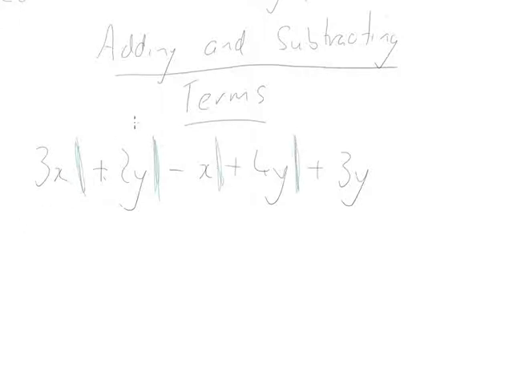My rule for adding and subtracting is I can only add or subtract like terms. And what are like terms? Like terms are terms with the same algebra.